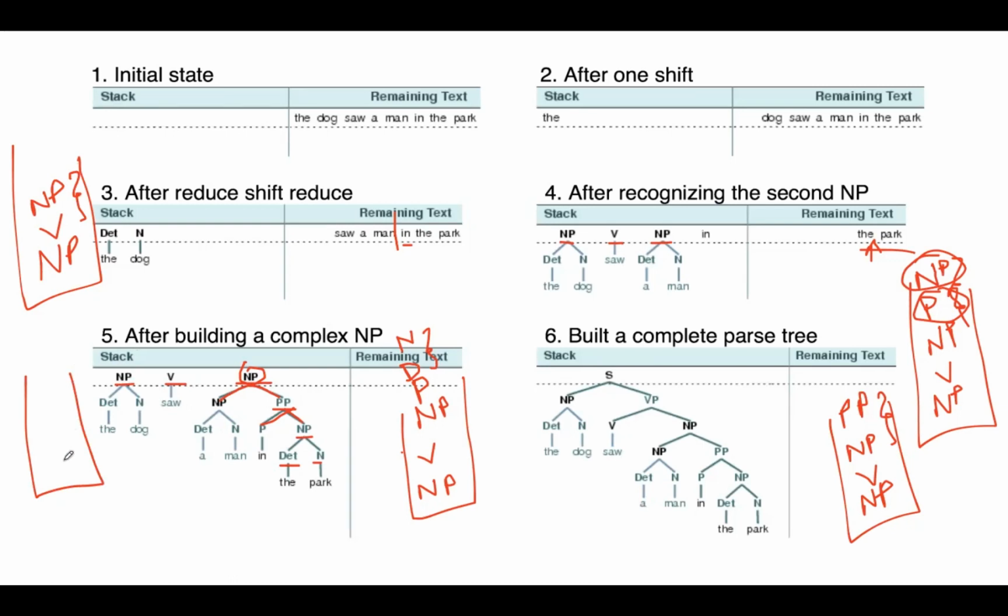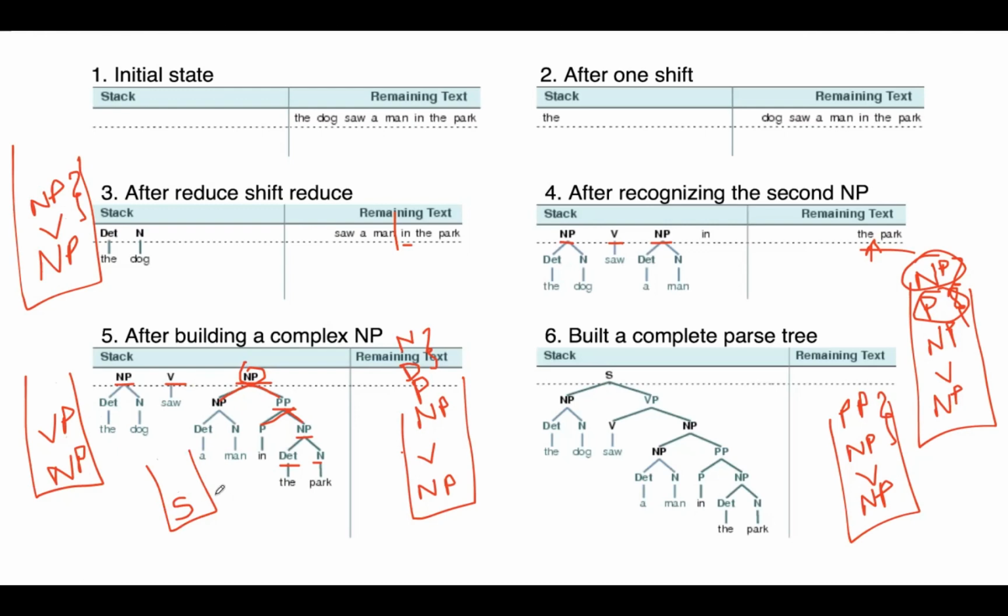So the noun phrase remains as it is, and we replace the verb and noun phrase with verb phrase. Finally, replace these two terms. As we know, S derives NP-VP, so you can replace this NP-VP with S.